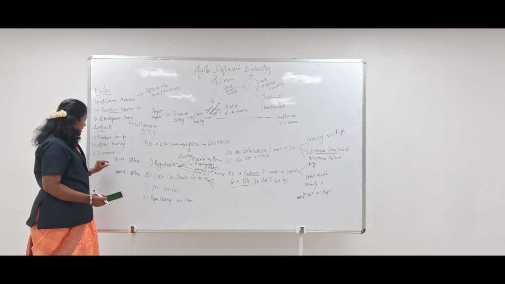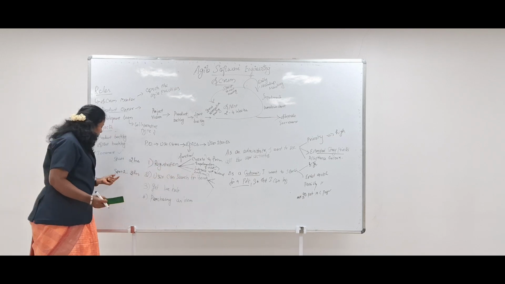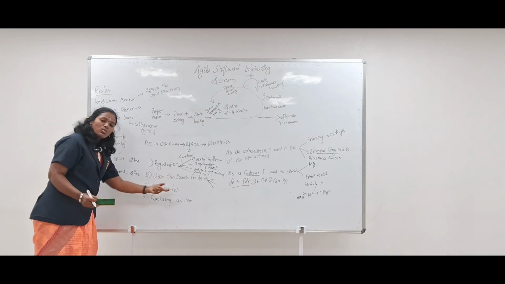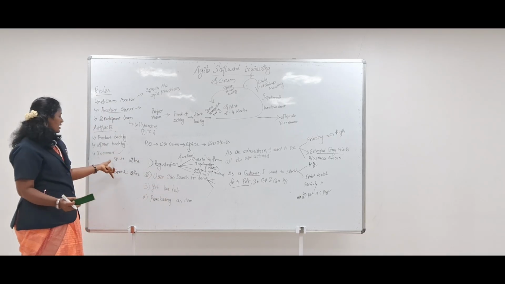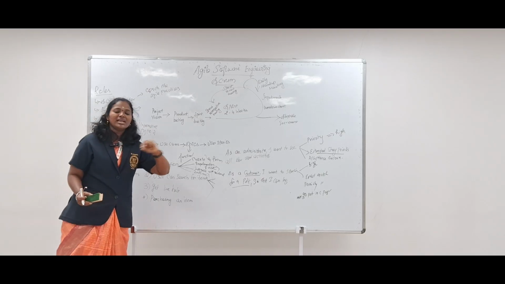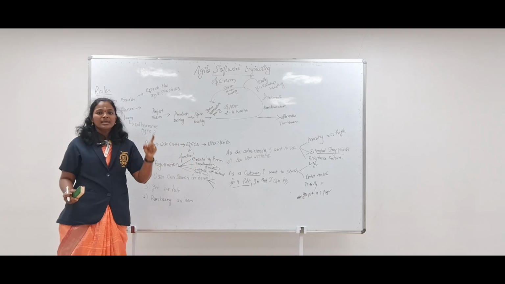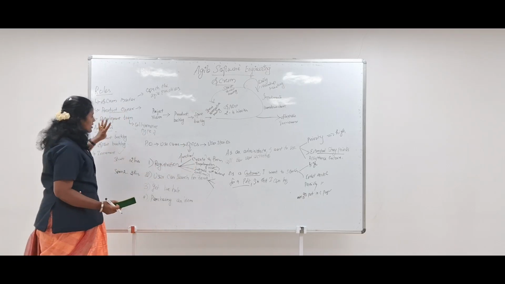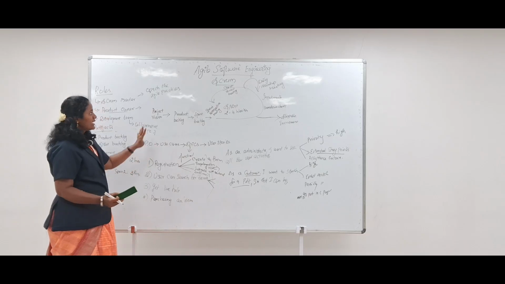Sprint backlog means in sprint 1 what we are doing and what the sub requirements are, in sprint 2 what the requirements are, in sprint 3, sprint 4, and so on. Collectively we are representing it. And then finally increments: in each and every sprint a short increment will be delivered to the customer. So this is the initial process of the entire Scrum.